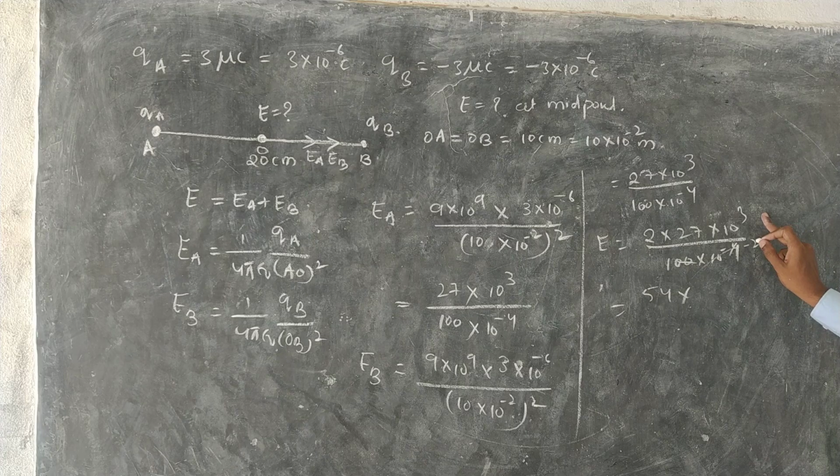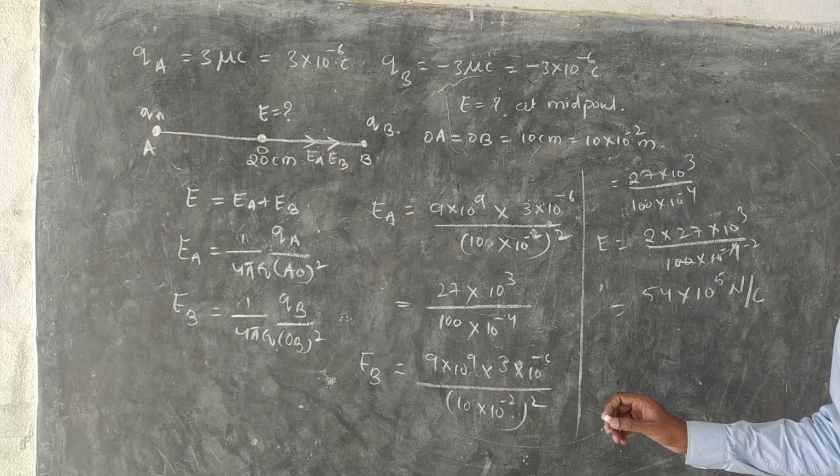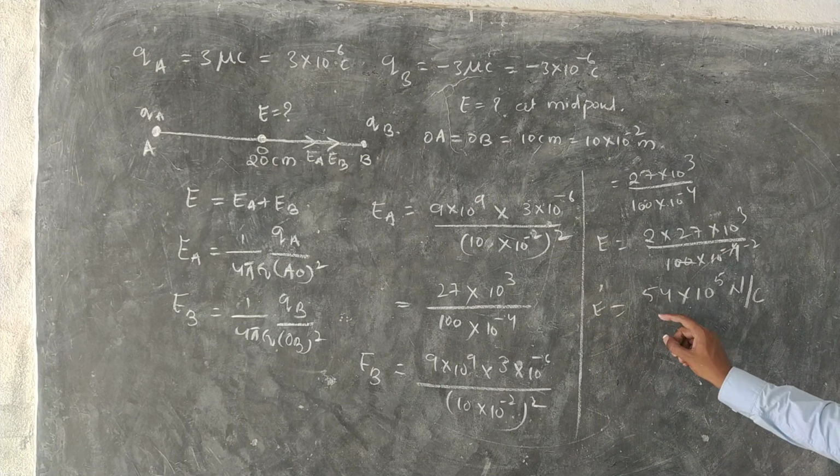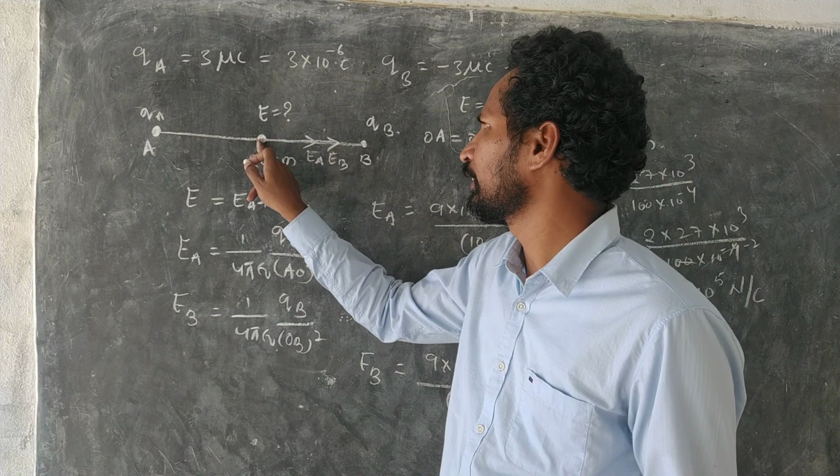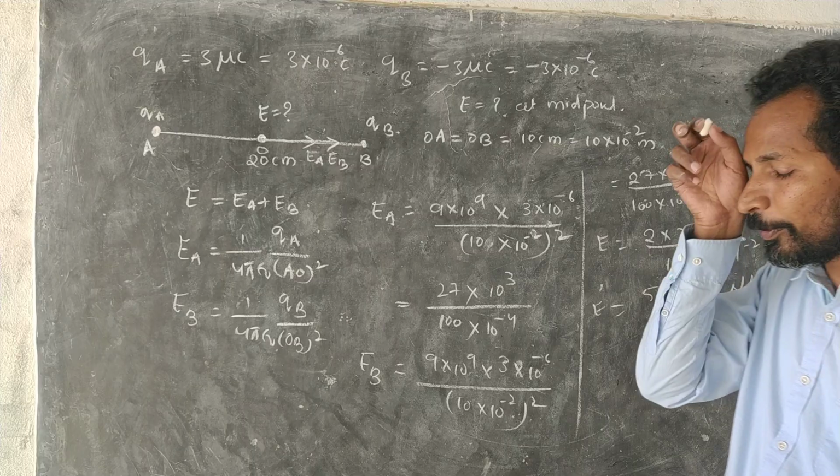Minus 2 goes up, and this will be plus 3 plus 2, 5. Now E is calculated as 54 into 10 power 5 Newton per Coulomb.